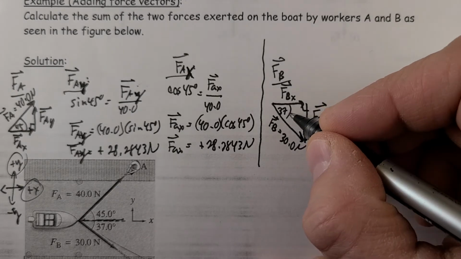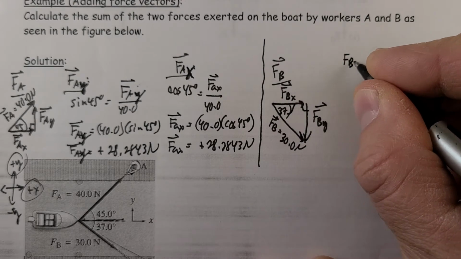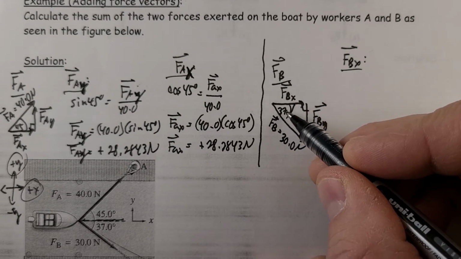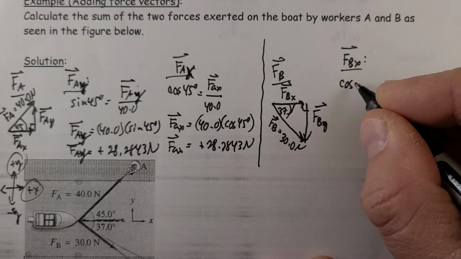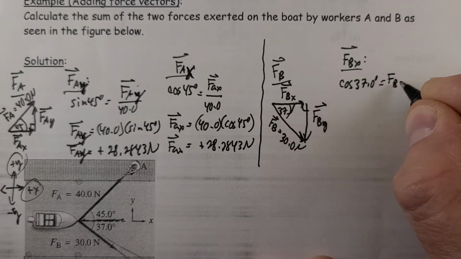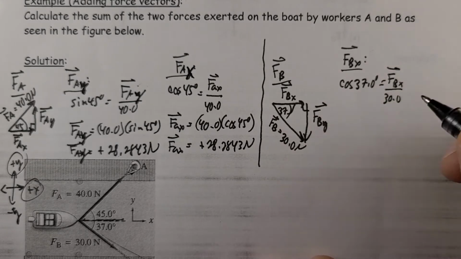All right, so what I'm going to do here, let's look at FBX. Hopefully this time I get it right. So FBX, the X is the adjacent side, so of course that's going to be cos. So cos of 37.0 is equal to FBX over the hypotenuse, 30.